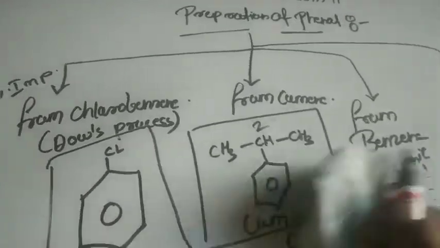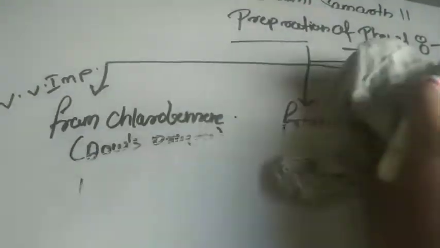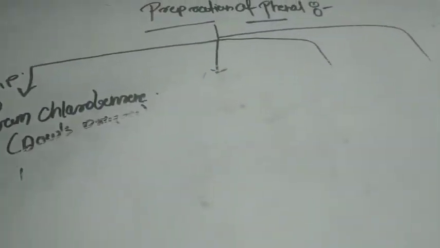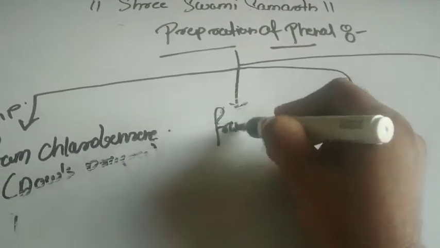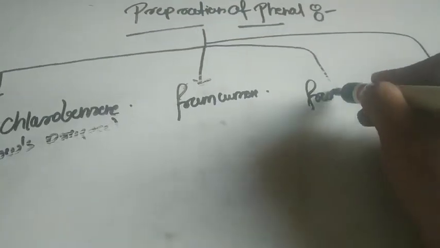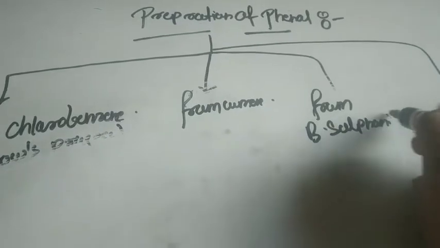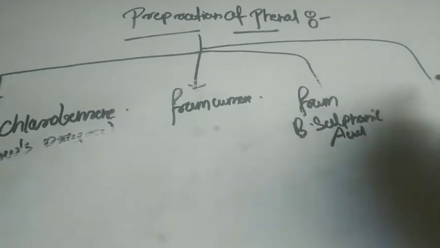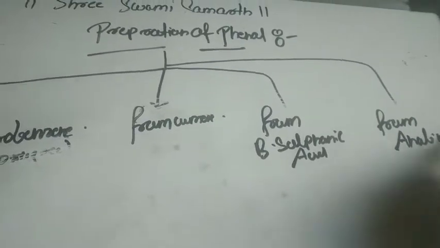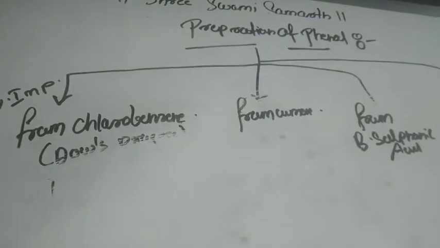Now in this method we have to understand what conditions we are using for the reaction. So this is from cumene. I will write it again. This is from benzene sulfonic acid, and the last one is from aniline. Here the condition of the reaction is very important.